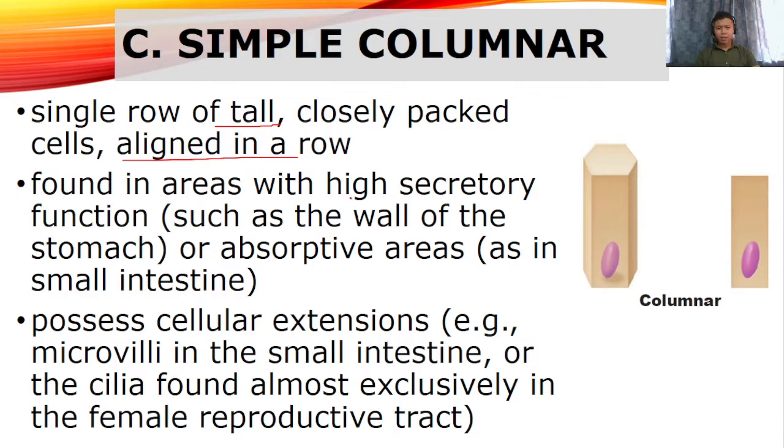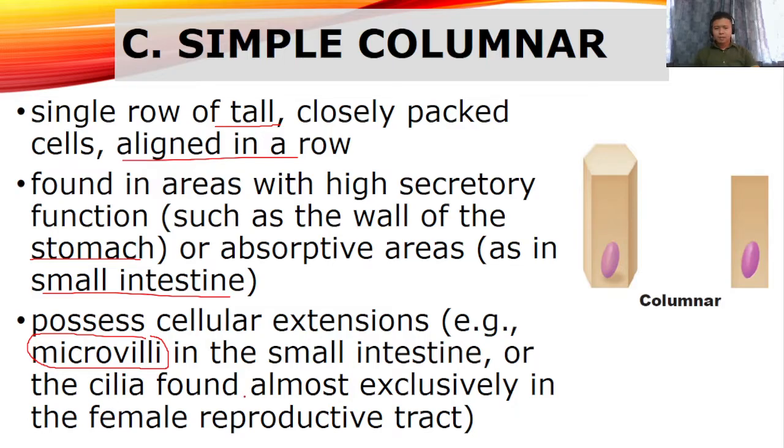They are found in areas with high secretory function such as the walls of the stomach, wherein they are capable of producing pepsin, which is capable of digesting proteins, or the absorptive areas as in the small intestine, which are the projections of the microvilli, wherein it is capable of absorbing nutrients, okay, which the cells need.